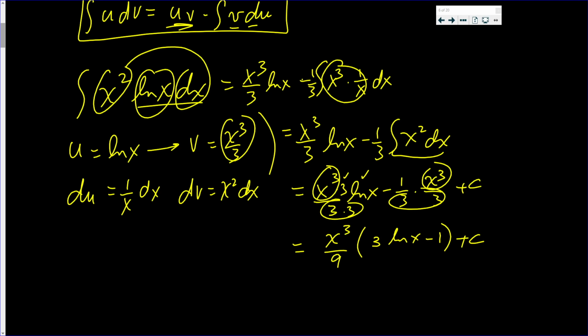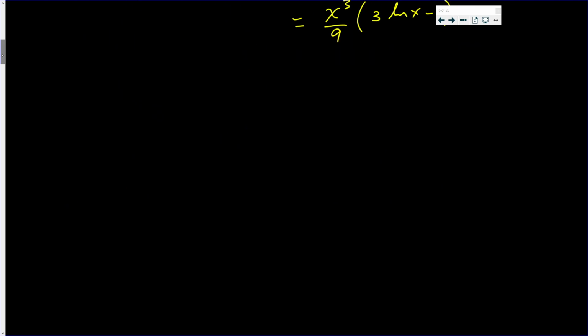Okay. How about we try this one? The integral of ln of x over x dx. So you're going to call something u and something dv. And whatever you call dv, you better know how to integrate.